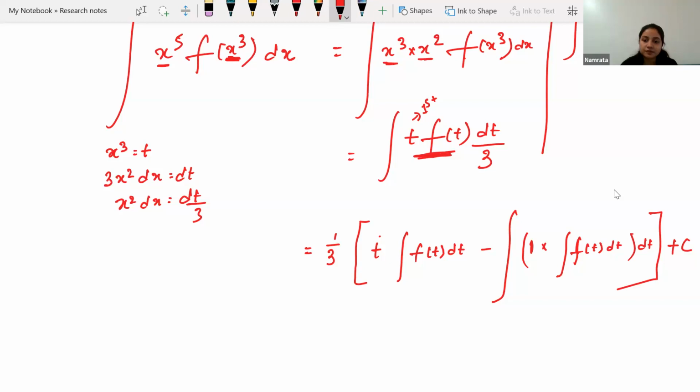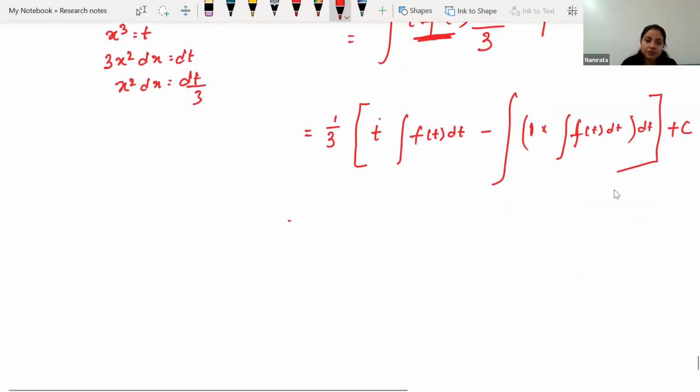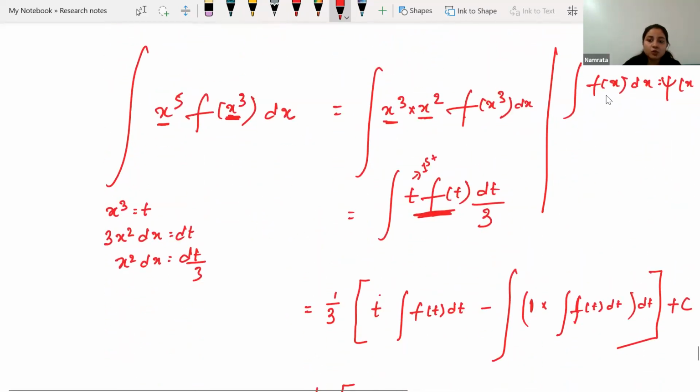No, ma'am. Let's continue. We will have 1 by 3, t as it is. Now, integration of f of t dt we don't know. We know integration of f of x dx is psi x. So can we say integration of f of t dt will be psi of t? It's the same thing, whether the function is in terms of x, t or z.